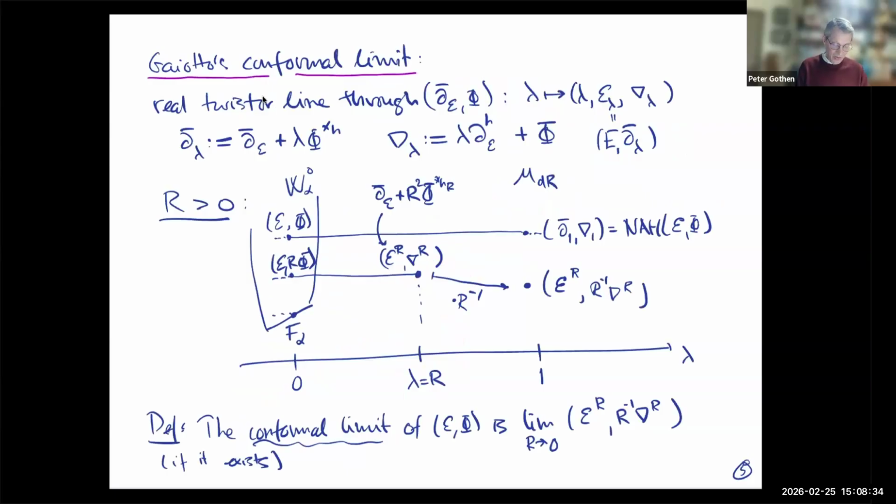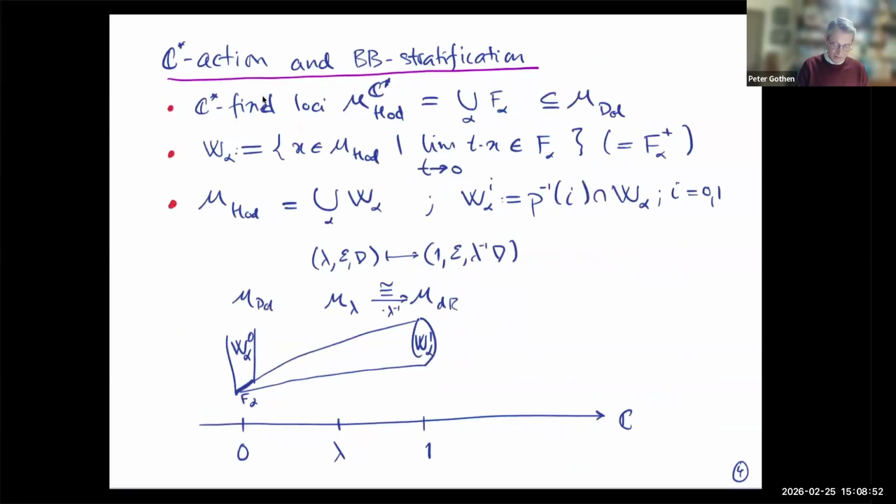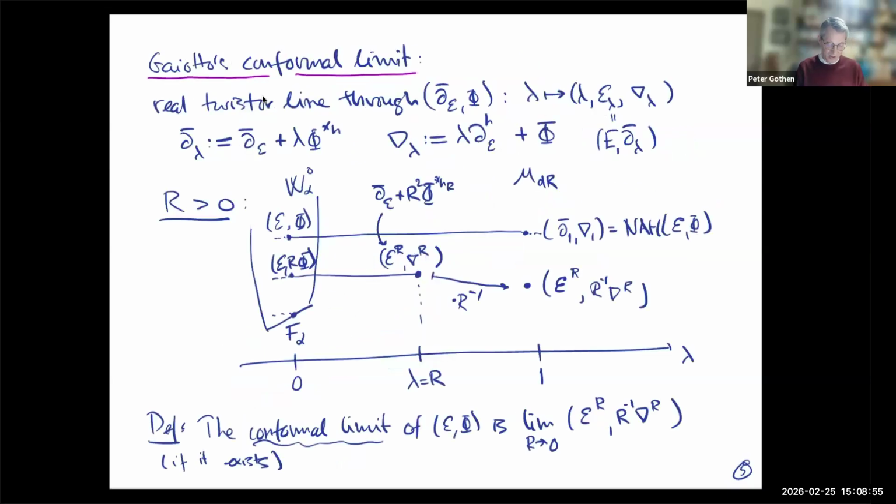There's an important ingredient in this twistor space construction, which is something called the real twistor line. This is something that exists in general, because you have this product structure, then when you have these sections you can show that they are real for some particular real structures on the base CP1 and on your twistor space.